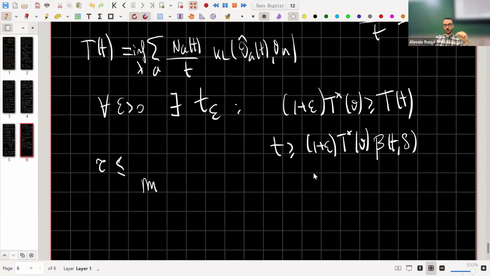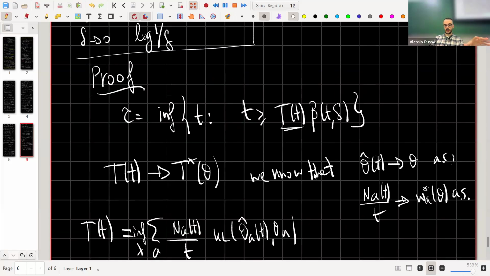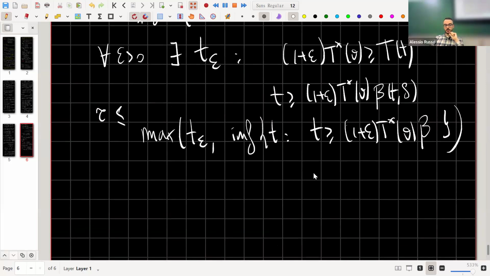What I want to do here is to show that tau is upper bounded by t_epsilon and the infimum over time steps that satisfy this condition. This inequality might be satisfied also before t_epsilon, so to be sure, we take the maximum between these two, so that we know that at t_epsilon this other inequality will also be satisfied.